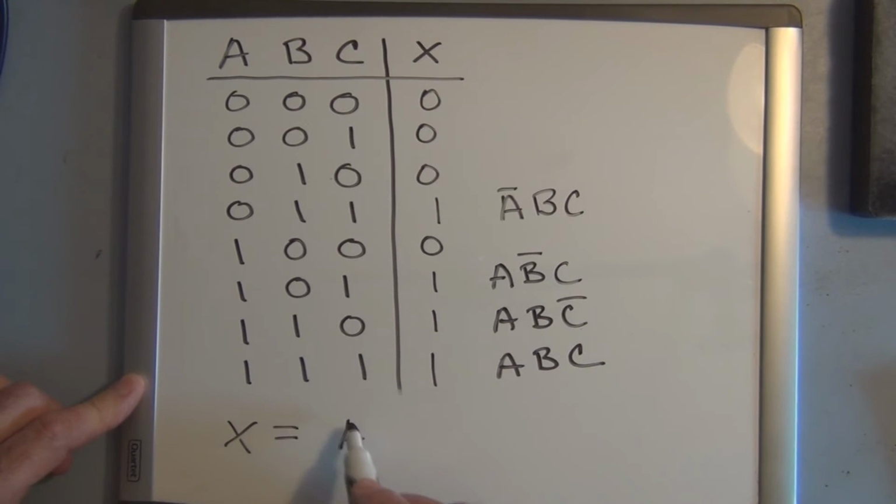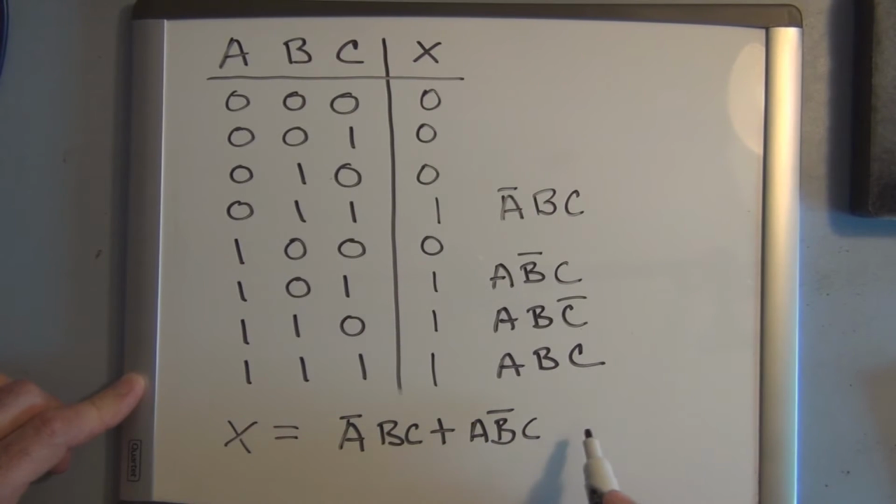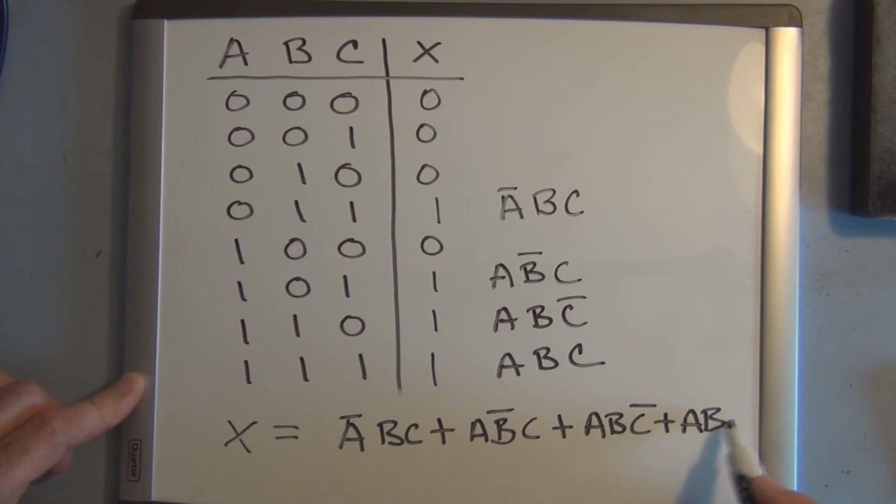So we have A naught, B, C, or together with A, B naught, C, or together with A, B, C naught, or together with A, B, C.